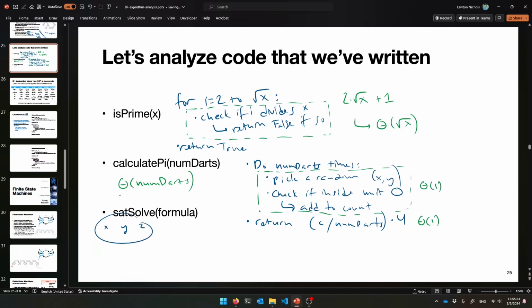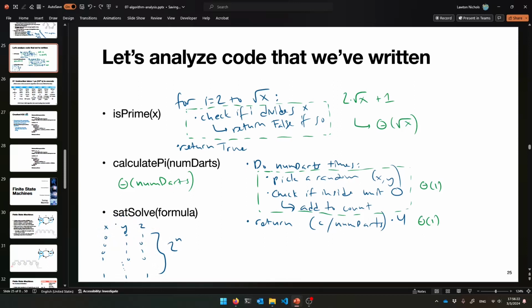Like if there were 3 variables, x, y, and z in your formula, you had to try all the different combinations of true and false for them, like false, false, true, false, true, false, false, true, true, true, false, false, all the options, right? All the way to true, true, true. How many options do you have? Let's say that you have n variables in your formula. You're essentially trying 2 to the n options, right? Because you have 2 options per variable.